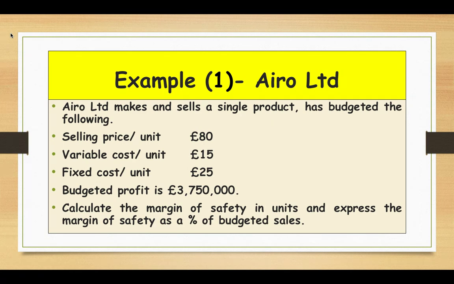The selling price per unit is £80, variable cost per unit is £15, fixed cost £25, budgeted profit is 3.75 million. We need to calculate the margin of safety in units, and also express the margin of safety as a percentage of budgeted sales.